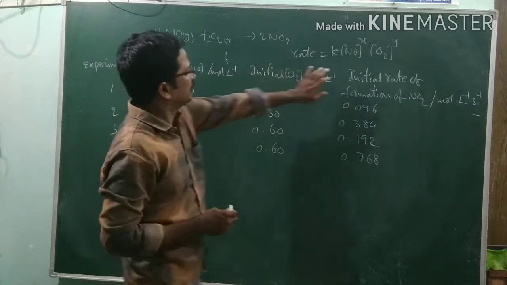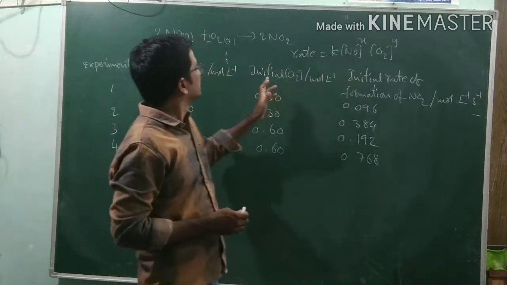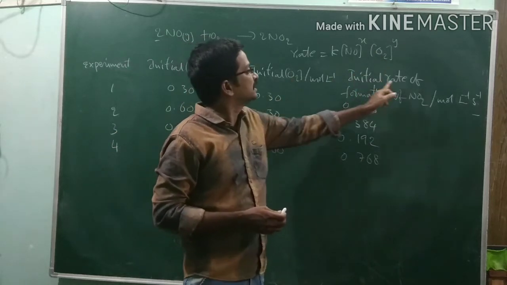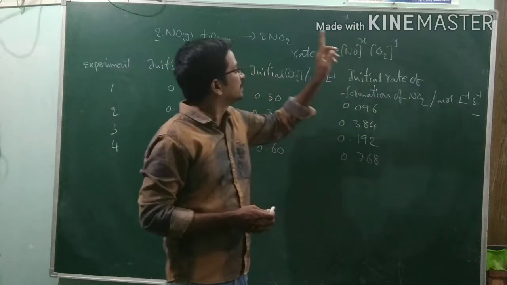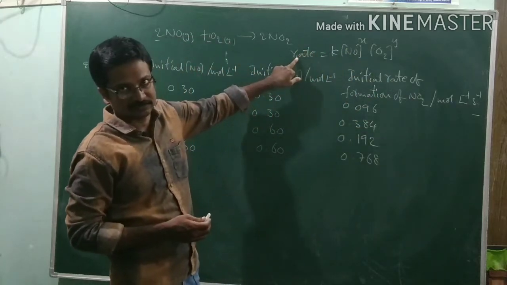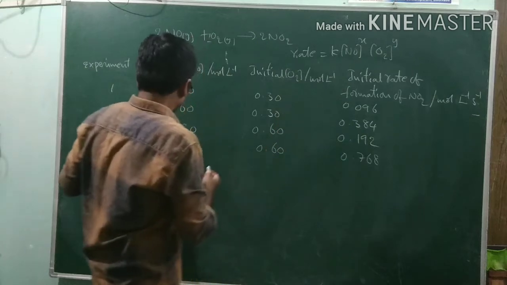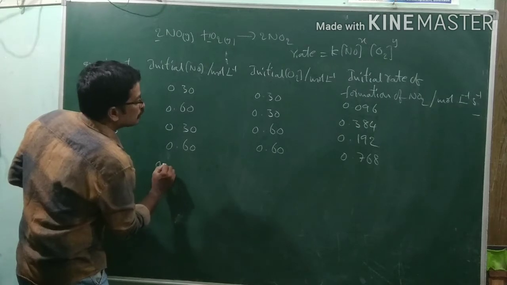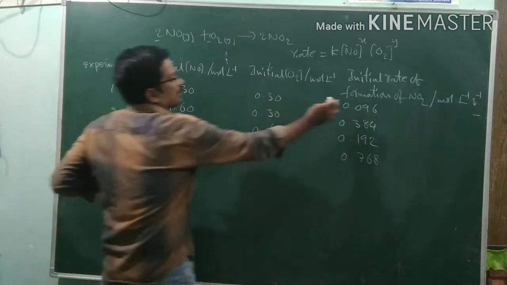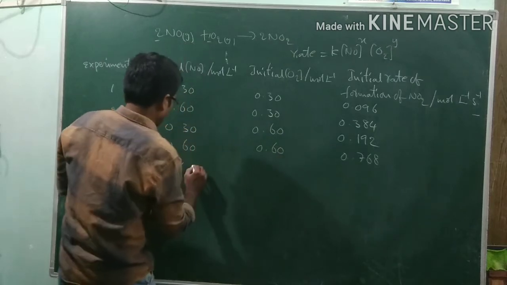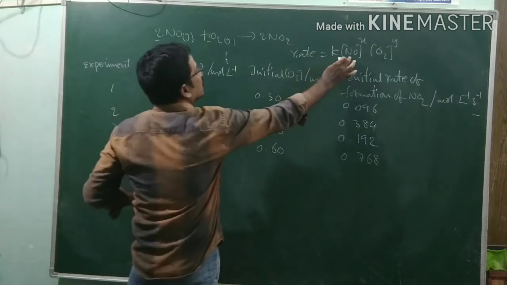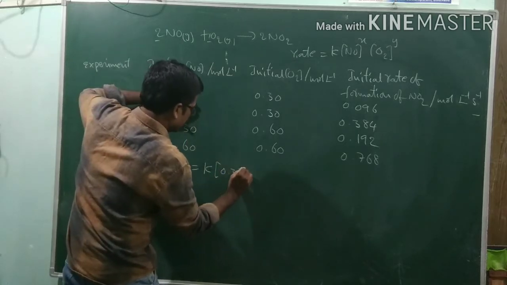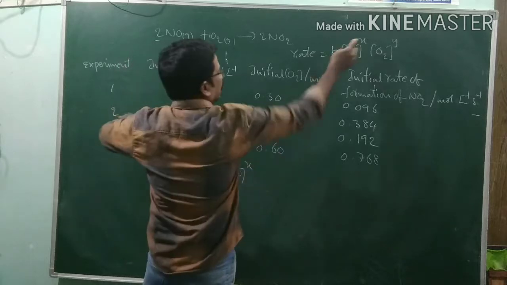Here the NO concentration is there. Initial concentration of O2, here O2 is present. Next, the initial rate of formation of NO2. Initial rate means this one. So, according to this, you can write four equations. Initial rate 0.096 is equal to K into [NO], which is 0.30 for the x coefficient.